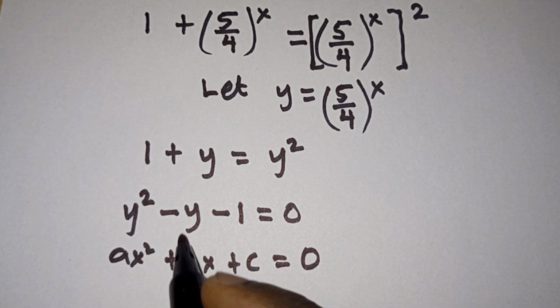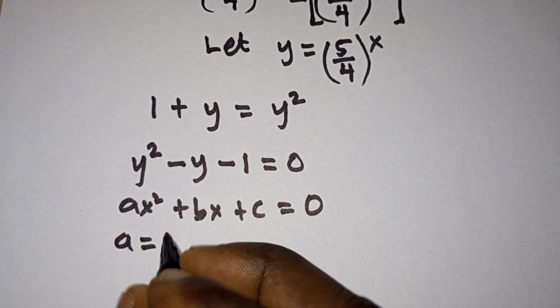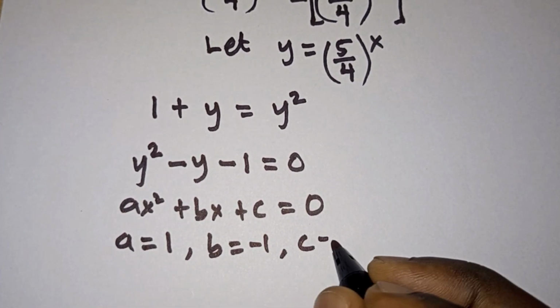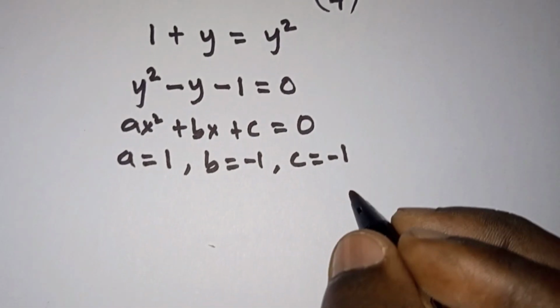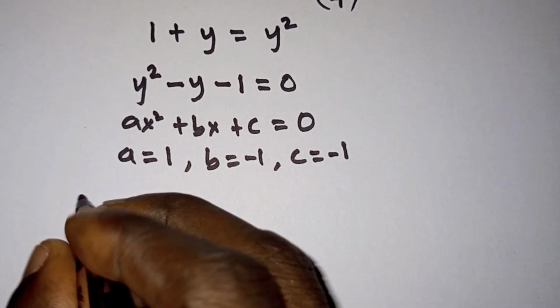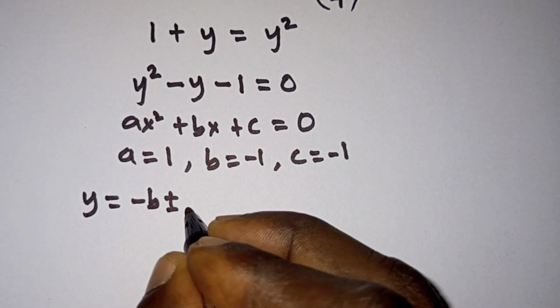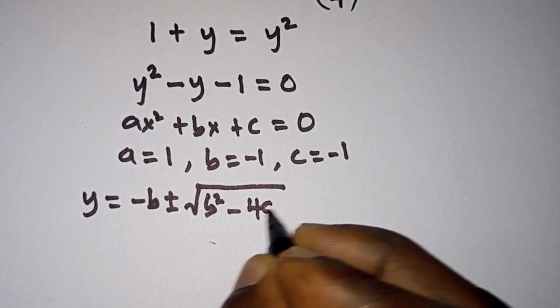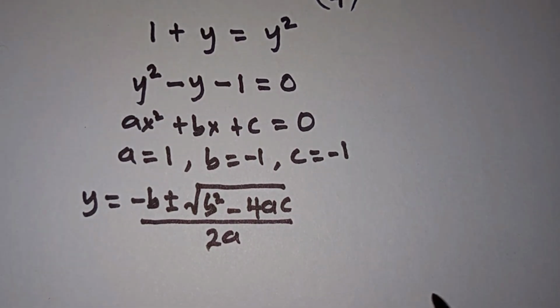If we compare this one to this, we see that a is equal to 1, b is equal to -1, and then c is equal to -1 as well. So let's go ahead and use the quadratic formula, which is y is equal to minus b plus or minus square root of b squared minus 4ac, all divided by 2a.